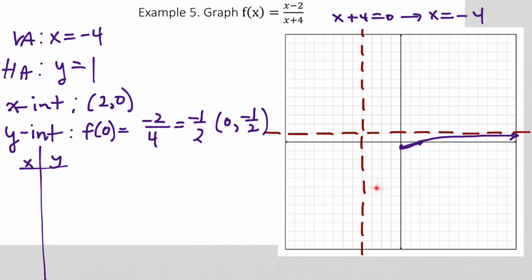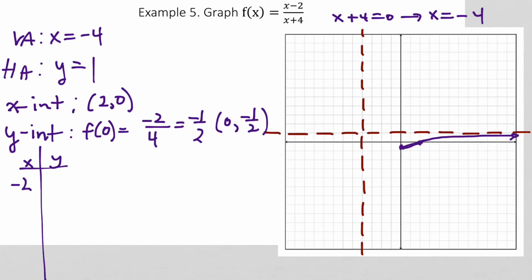Let's plug in, maybe I'm just going to pick x is equal to negative 2. That was somewhat of an arbitrary selection. I just want to see what the shape of my graph is as it starts to approach the horizontal asymptote and the vertical asymptote, down in this region here.